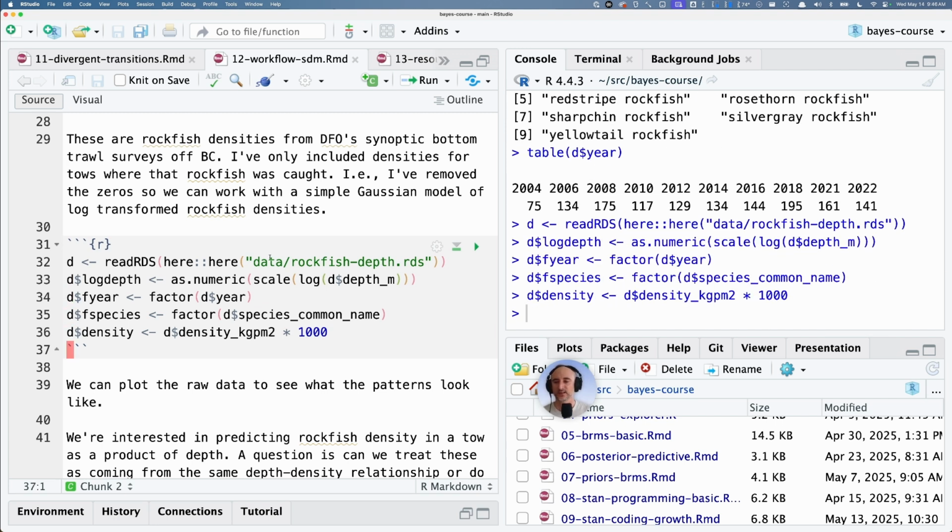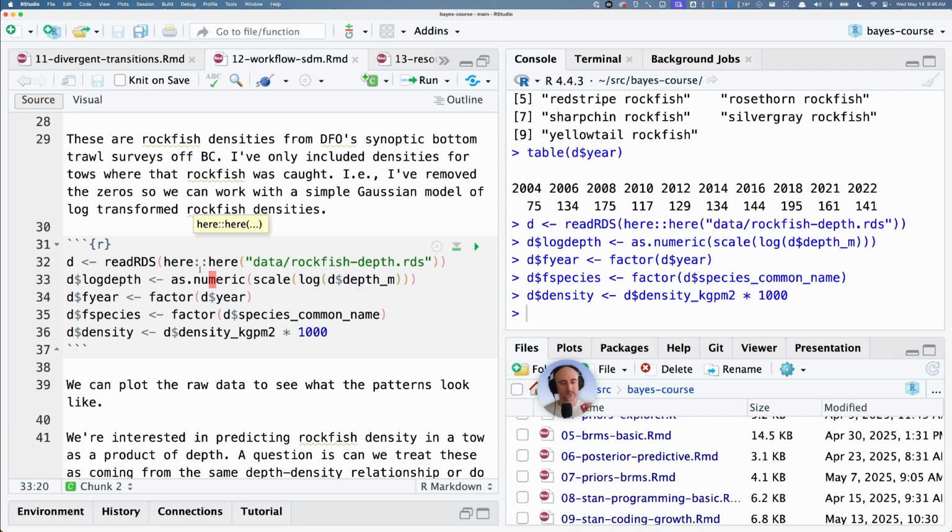I'm just going to create some other columns here just to make the code easier to work with. I'm going to create a scaled version of depth, so that goes scaled by its standard deviation and centered. Scaled version of log depth, sorry. So I'm going to log depth.